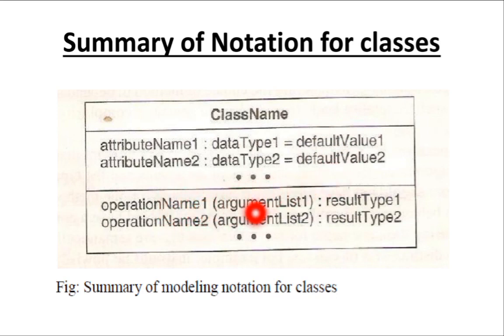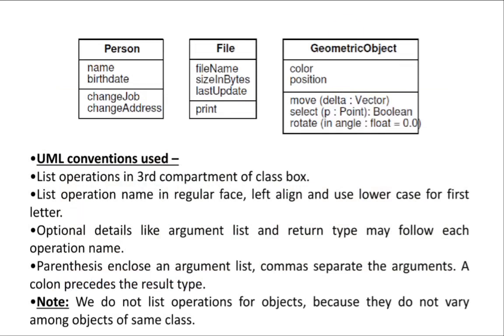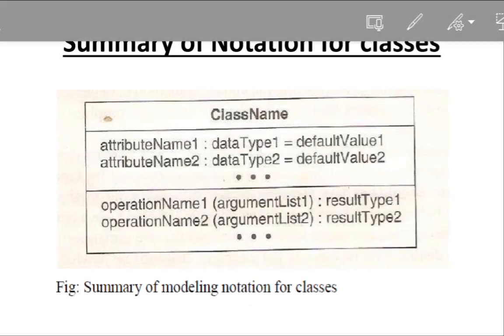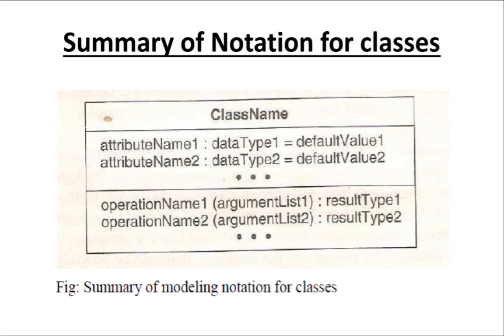If the operation has an argument list, the argument list should be there. And if there is a result type, you can include that also. So this is the general notation. Whatever I explained here is represented in a generic way here. So this is the syntax. Hope you are getting it, guys.